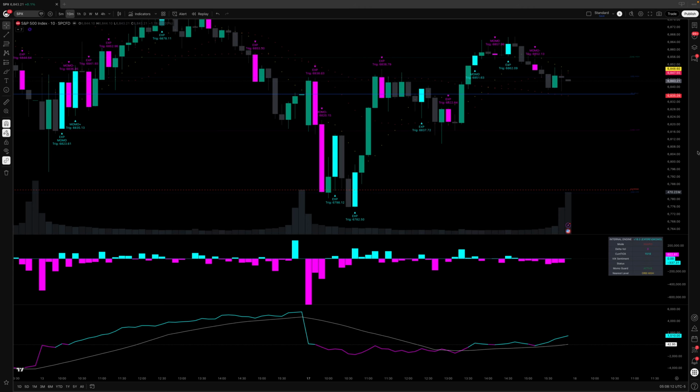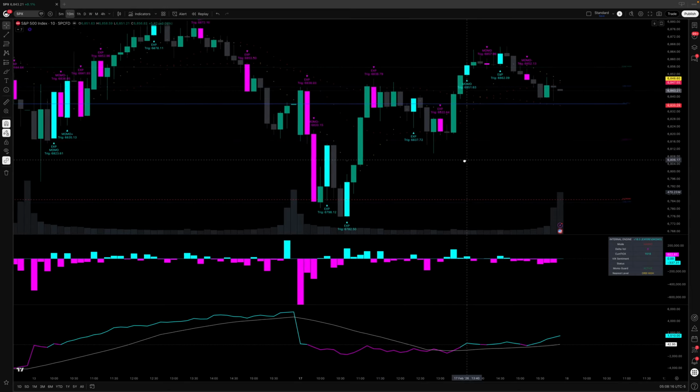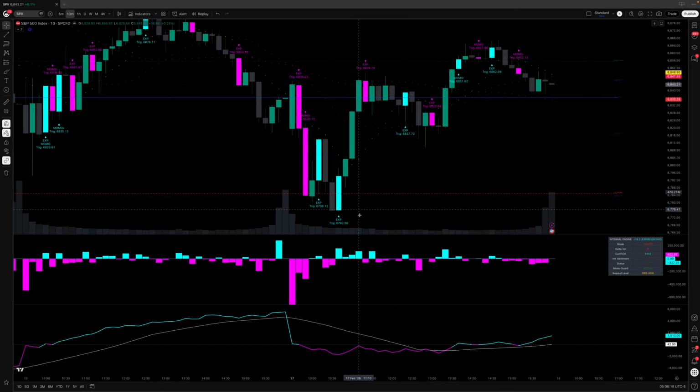But just looking at the charts with the visual indicator, which is these cyan and magenta candles and text. You also have a couple of panels below, and I can briefly explain what these are.